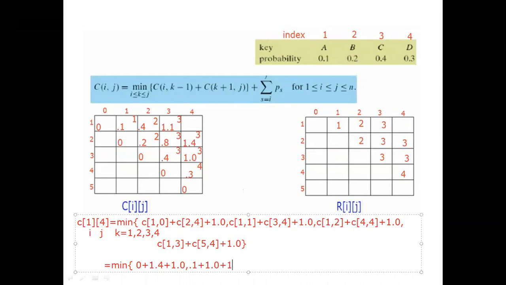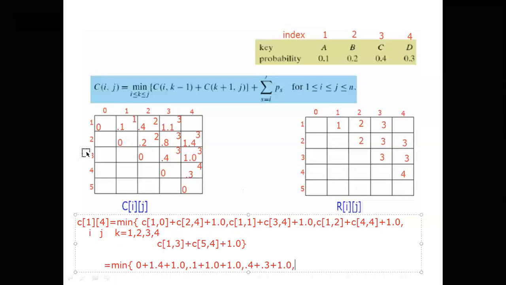1.0, next sigma value 1.0 as it is, we will write, comma, C of 1 2. 1 2 it is 0.4. 4 4, 4 4 it is 0.3, plus 1.0, comma.